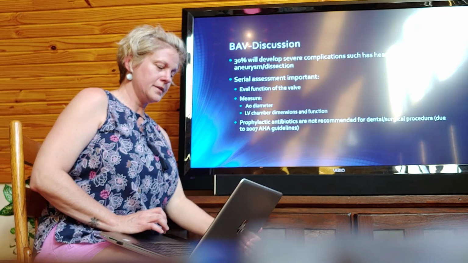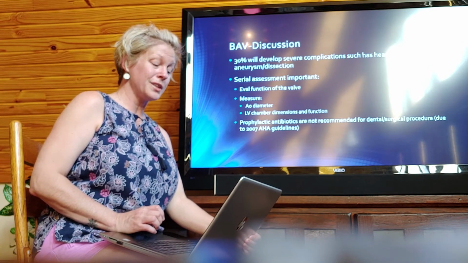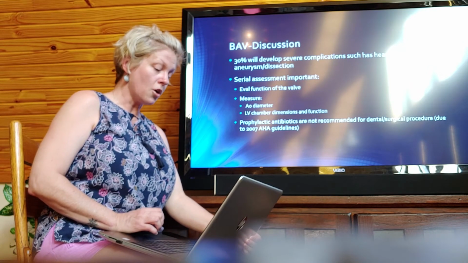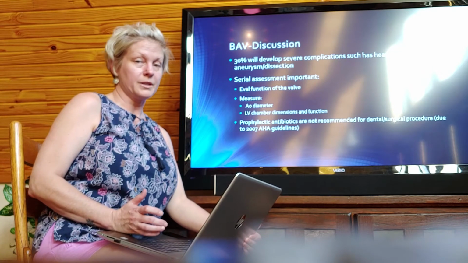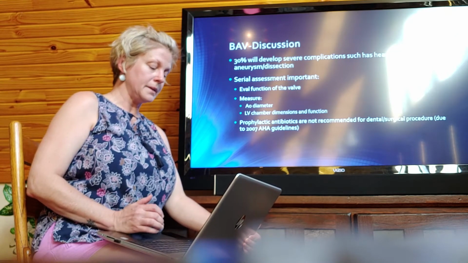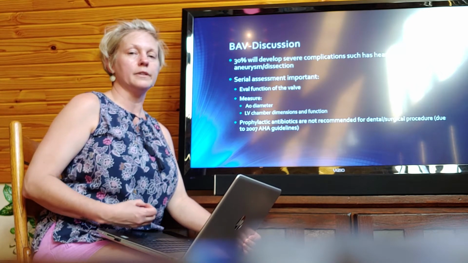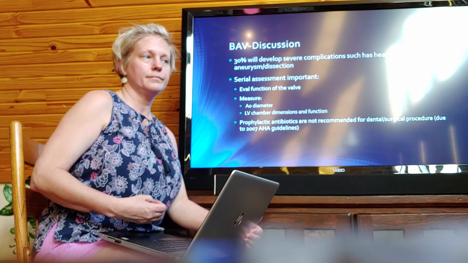Discussion. 30% of people with the bicuspid aortic valve will develop some pretty severe complications such as heart failure, aneurysm or dissection. It's important to keep on top of this. They'll keep looking at this depending on the size of the valve and how quickly it progresses.